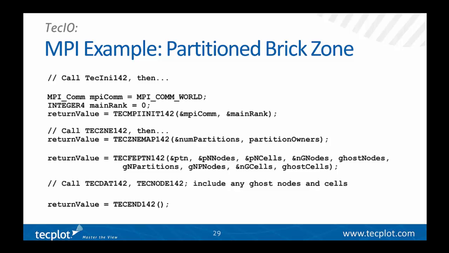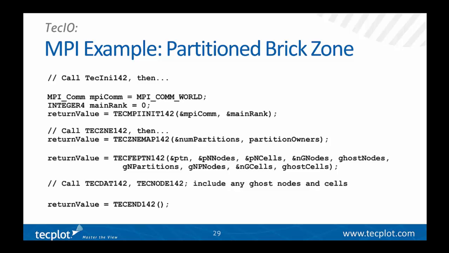So in GN partitions, we pass for each ghost node which partition owns that node, and then GNP nodes tells you in that partition what is the node number of the real node that corresponds to my ghost node. Then finally we pass it a list: the number of ghost cells and the cell numbers of those cells.